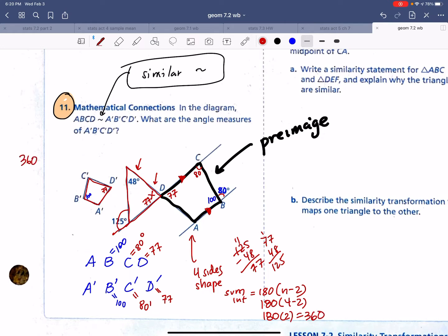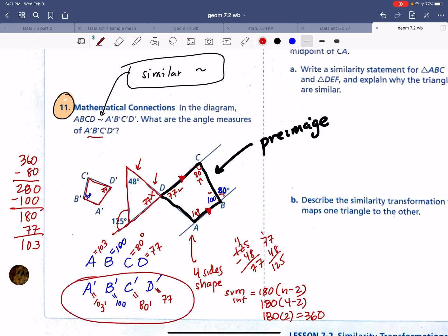If I take 360 and subtract off each angle, 360 minus 80, I get 280, minus another 100, I get 180, and I subtract off 77, I get 103. So if angle A is 103, then angle A prime is 103, and we have answered the question: what are the angle measurements of A prime, B prime, C prime, and D prime?